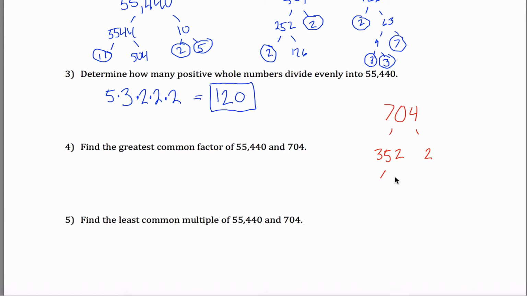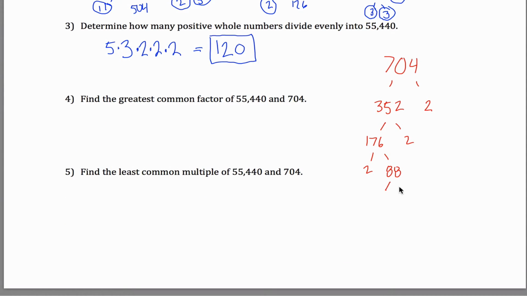I know that 352 is even, so it's 2 times something. 176, I believe. Yeah, 176 is still even, so that's 2 times something. Let's see, 80 times 2 is 160. I need 16 more. This would be 88. And here, a nice thing happens. 88 is 8 times 11.